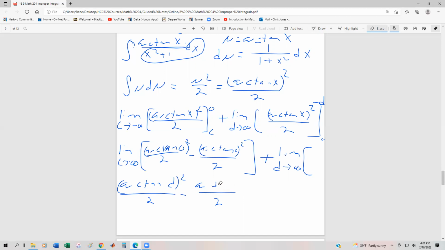So this is where we have to be good with our arctangent function. It might be helpful to look at the graph of the arctangent function, not arctan squared, but just the arctan function.